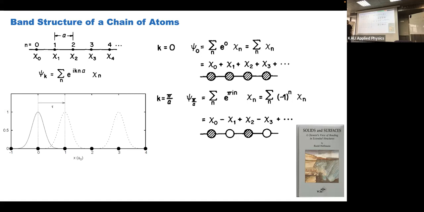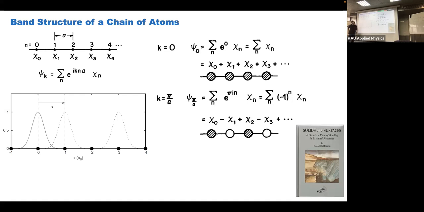Okay, what's the story? We have this chain of atoms. It's the most simple chain. We have a chain of atoms with wave functions χ0, χ1, χ2, and so on. The distance between these atoms is a. Atoms go from 0 to infinity, and we want to combine these orbitals.